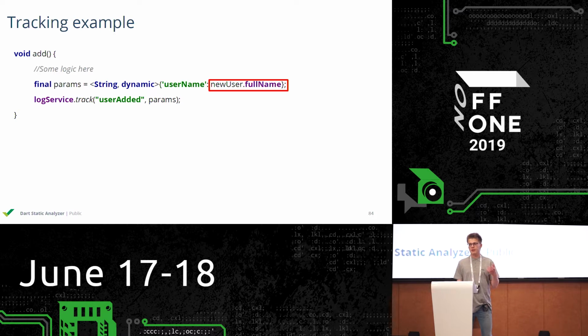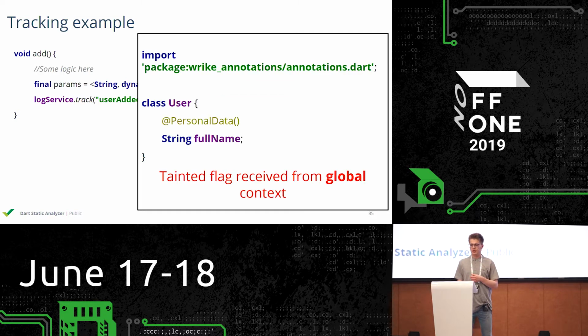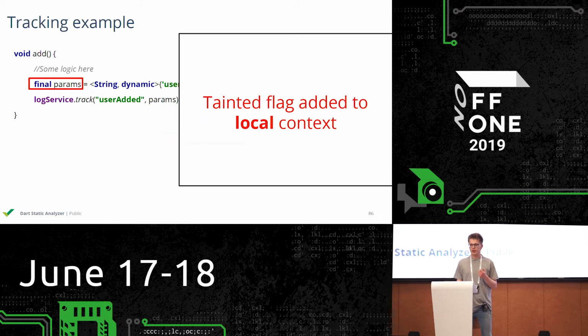We have the local variable. We put the full user name, and then the scanner sees this field and looks at the global context, and finds that this data is marked by the tainted flag. It's personal data. Okay, we remember that.